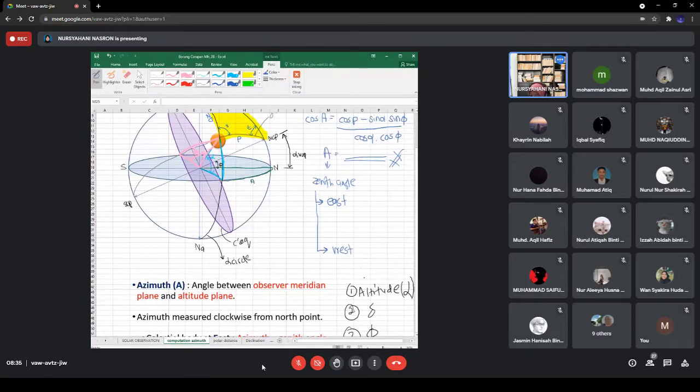As you know, the motion of the earth makes the celestial body look like it is rising at the east and setting at the west. Rising, terbit, and setting, terbenam. Rising usually occurs in the AM, in the morning. This is PM, in the evening.